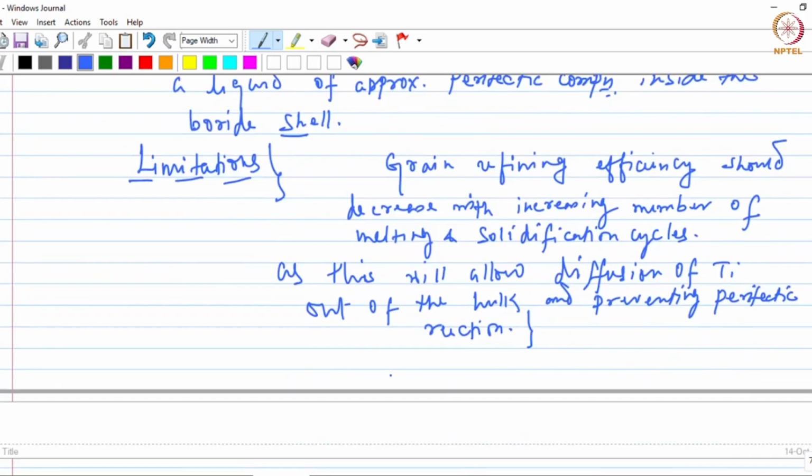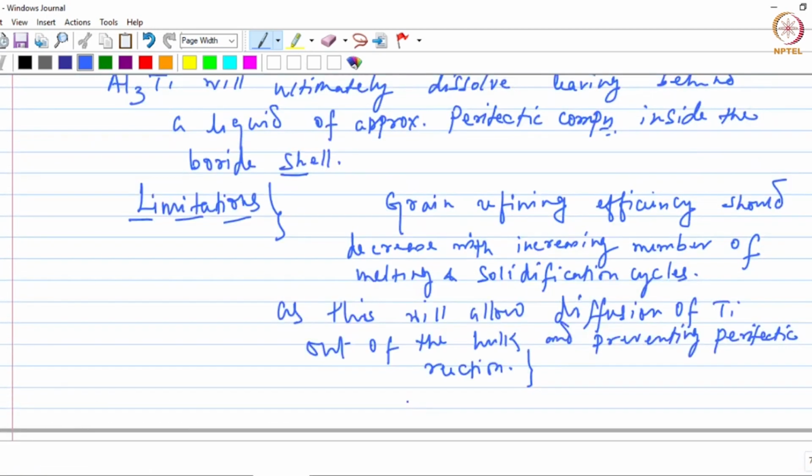Okay, and the other thing is the fact that this theory also cannot explain recovery after fading through stirring of the melt. So what happens in a process like this, when the particles are acting as the heterogeneous surface, if you allow sufficient time, these particles will tend to settle down.